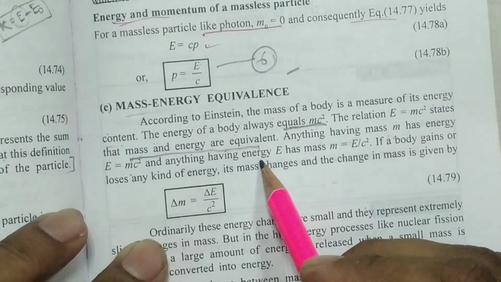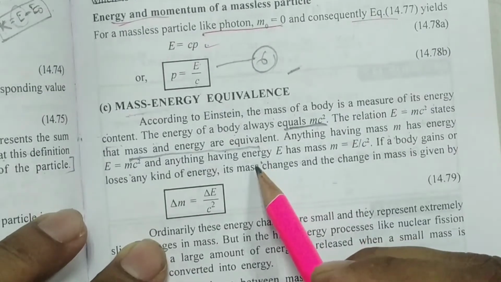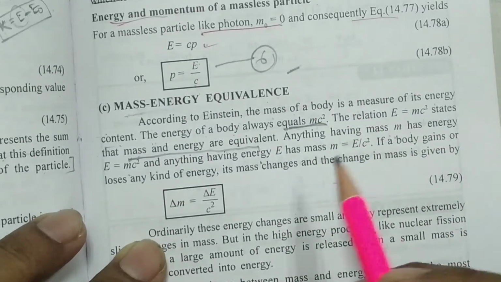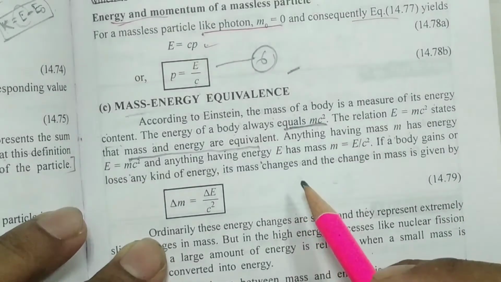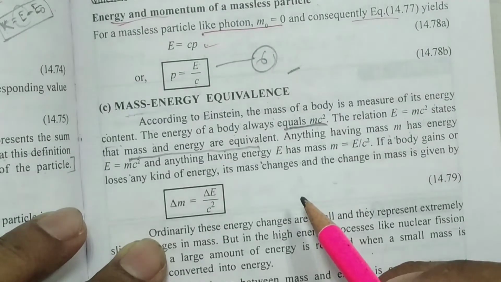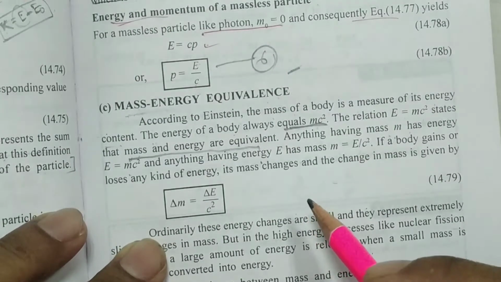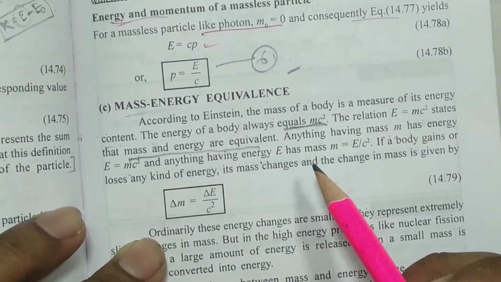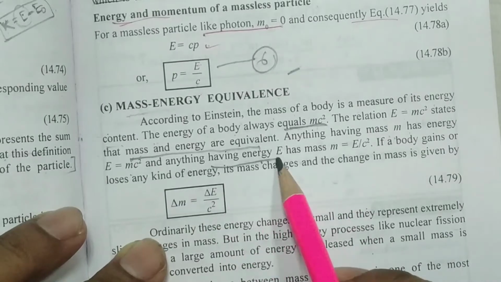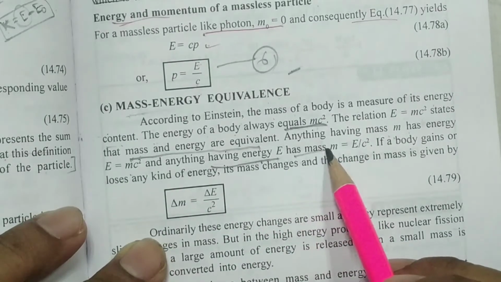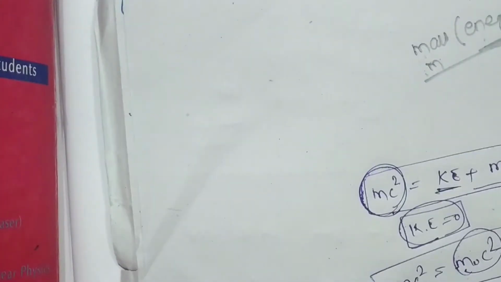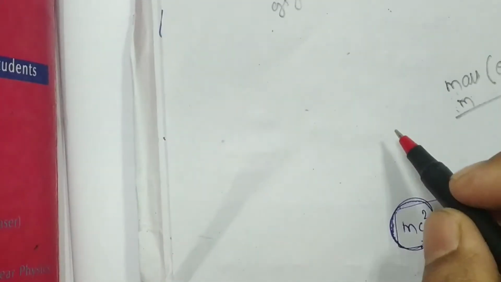And anything that has energy, suppose it possesses some energy, we are interacting with different types of energy, such as light energy, heat energy, and other unknown energies. That means those energies also have mass. So anything that has energy has mass, how much? E by c square. Suppose it is not that familiar, but we have to accept it.